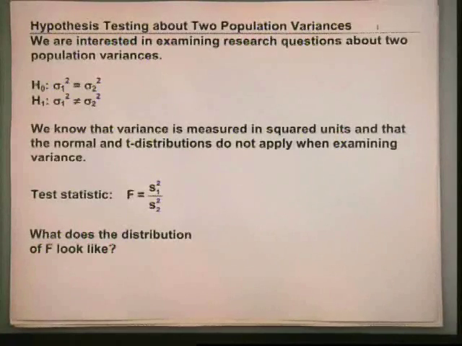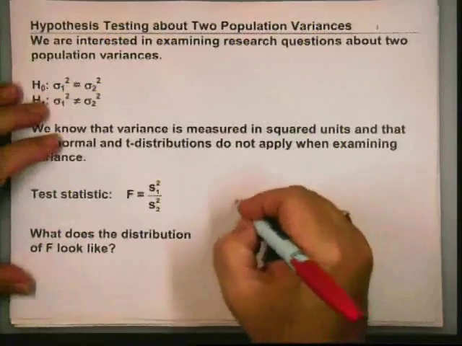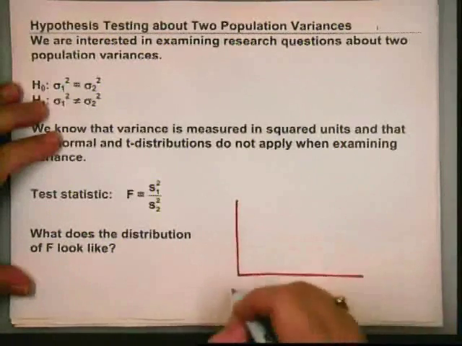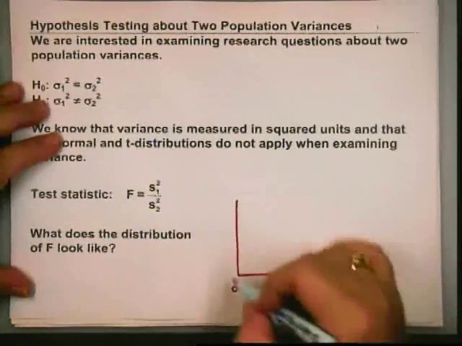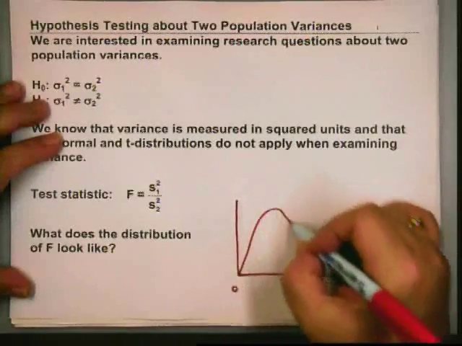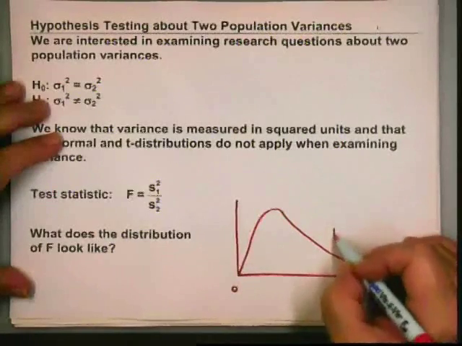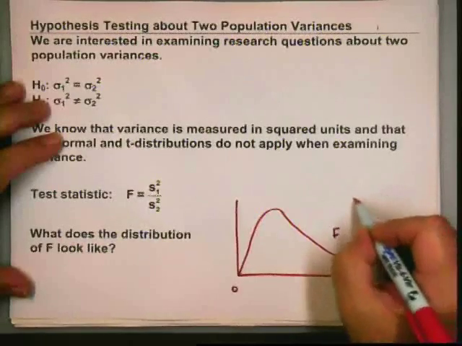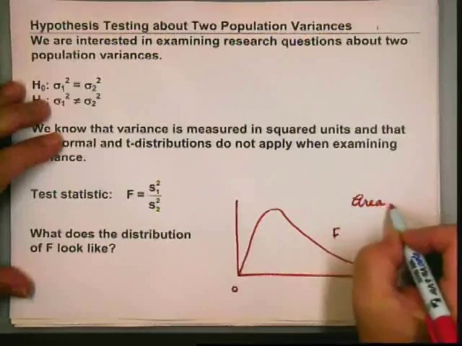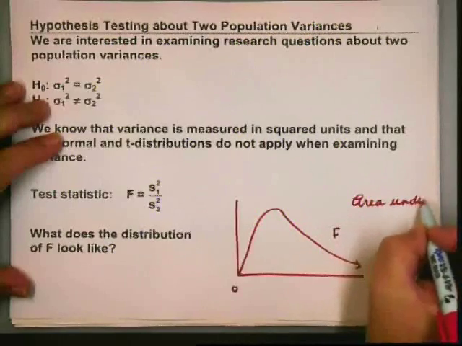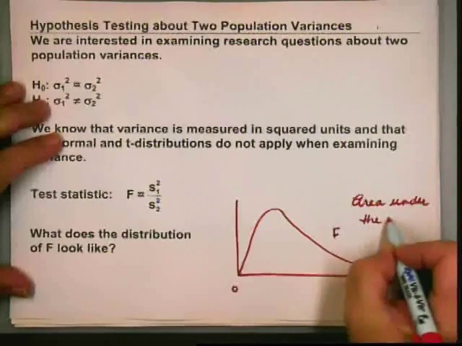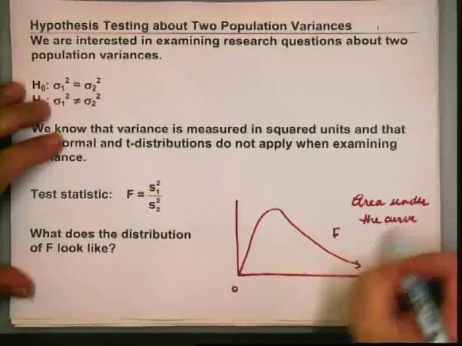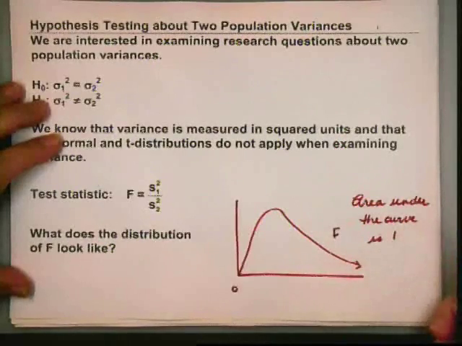What does the F distribution look like? Well, if you're looking at my picture, it's going to look an awfully lot like what I draw for chi-square. The lowest value is bounded below by 0, and it again is an asymmetric distribution. So that's what our F looks like. It is a probability distribution, therefore the area under the curve is 1.